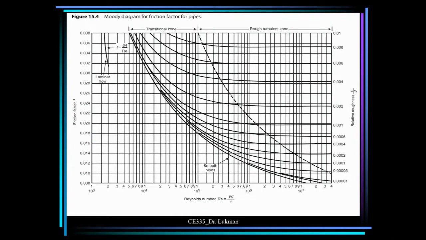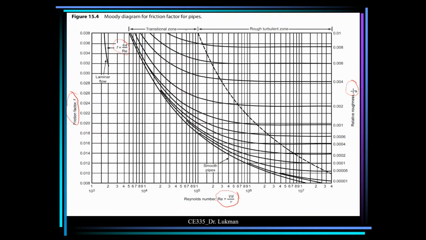Here you have 3 axes. You have the Reynolds number and the relative roughness. Once you have these 2 values, you can determine the friction factor, f. Depending on the flow type, when flow is laminar, f is just dependent on the Reynolds number.